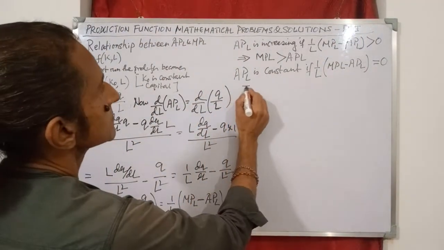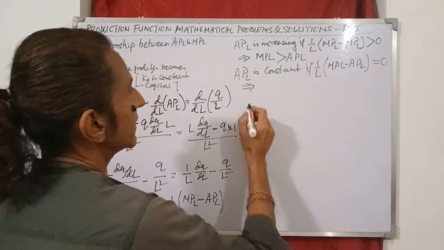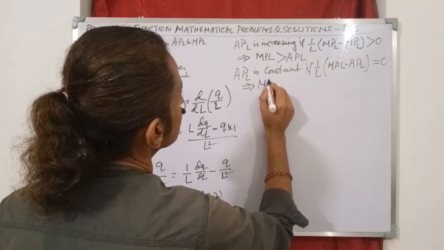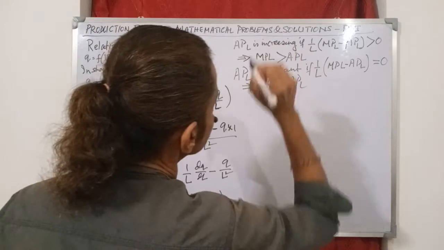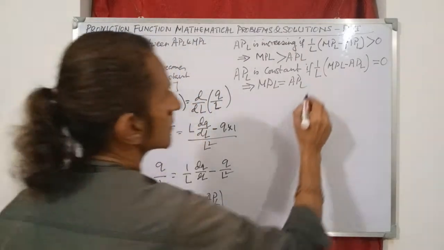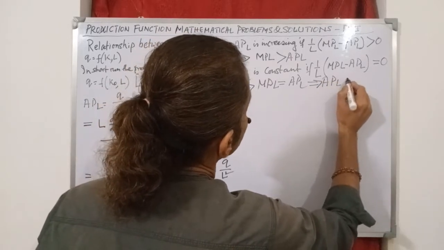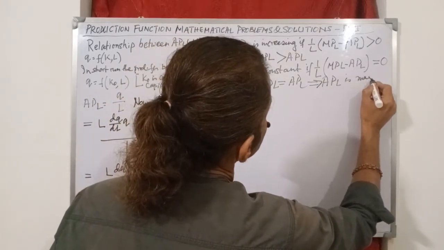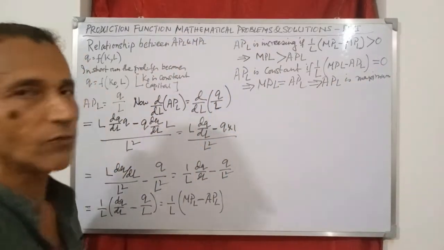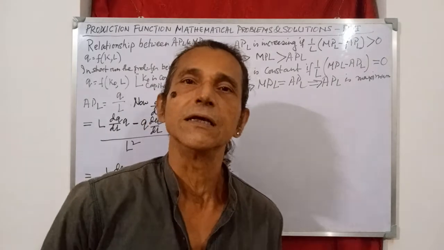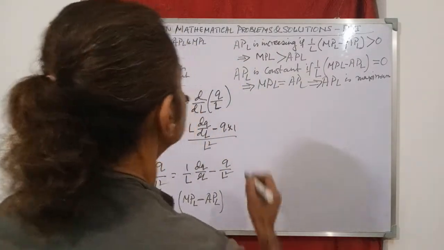This means if this becomes equal to 0, then MPL is equal to APL, and here APL is maximum. Here APL is maximum, where MPL is equal to APL.